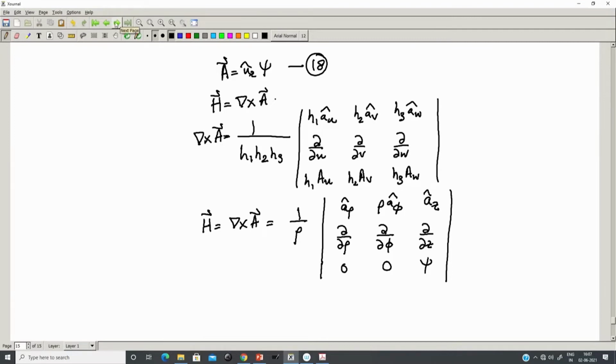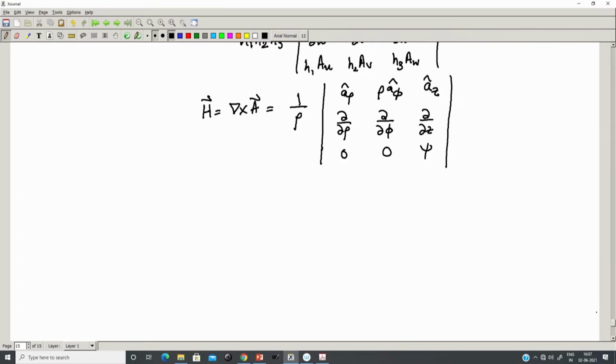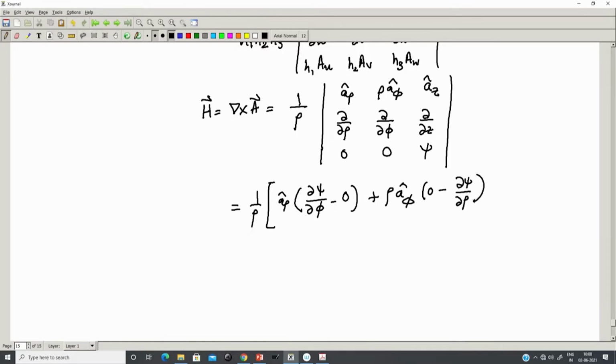This is not new to us. A similar treatment we had done in the rectangular coordinate system, and this is equal to 1 by rho times a rho del psi del phi minus 0 plus rho a phi times 0 minus del psi del rho, plus a z times 0 minus 0.